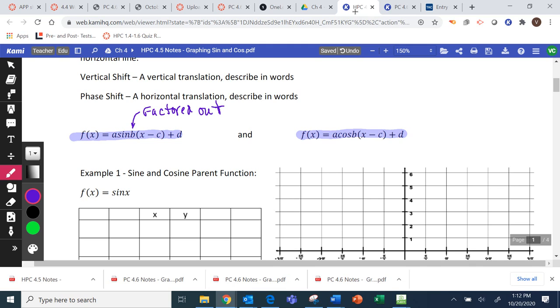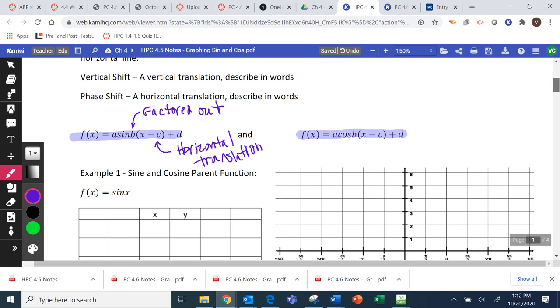It is after the word sine, so it is horizontal, but it is factored out of this horizontal translation. So it's the exact same rules that we had before. We just need to be careful that we don't forget about the factoring.